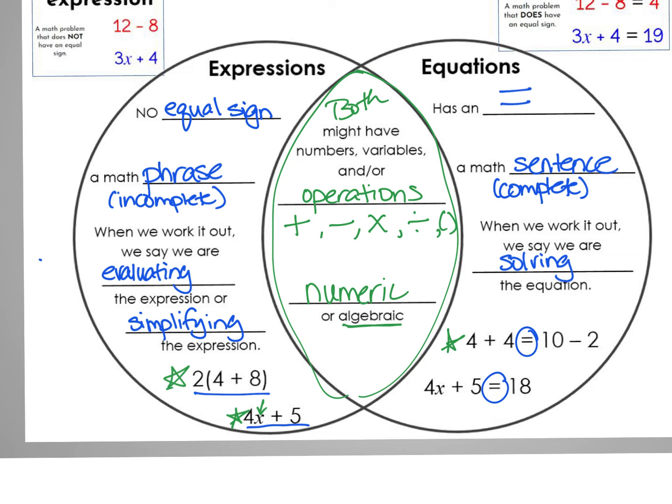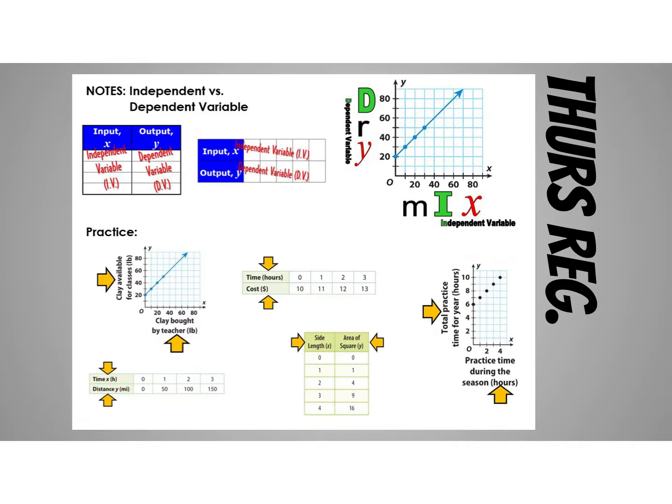And an algebraic equation, 4x plus 5 equals 18. Okay? But our bottom line, if we see an equal sign, then it is an equation. If we don't see an equal sign, then it's an expression. To tell me which of the math problems that you see are expressions and which ones are equations. So remember to look for those equal signs.